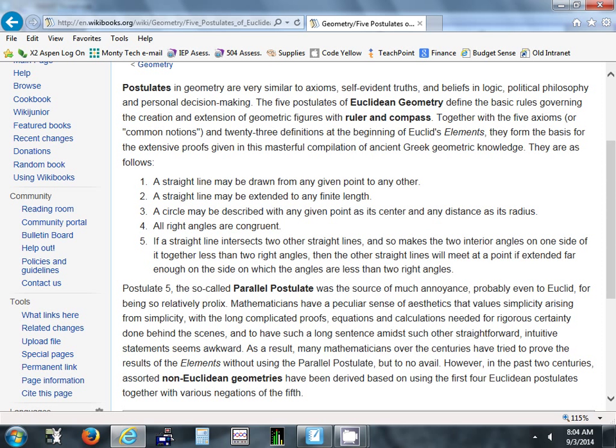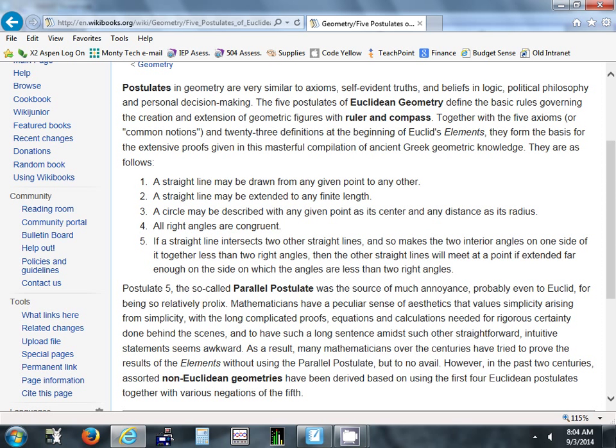That one's a little bit more confusing. It has to do with lines being parallel. I don't want to get into it too much because that one's confusing. I think the first 4 you can understand pretty easily.